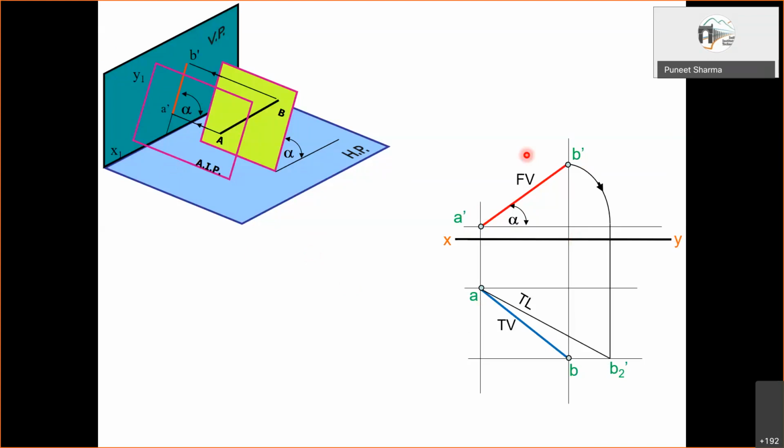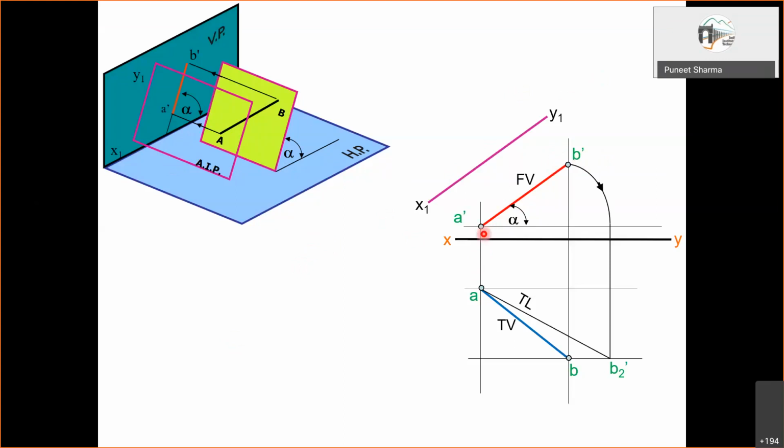So this is the front view. We choose an XY line over here. Then the projectors from these endpoints A dash and B dash in the front view will be perpendicular to that XY line, and that will contain the auxiliary top view. So we choose this x1, y1 parallel to A dash, B dash.